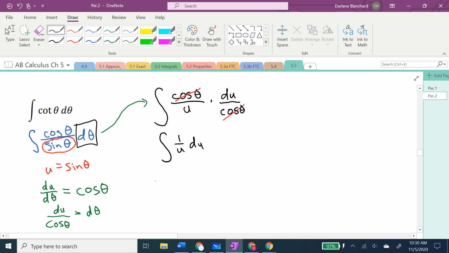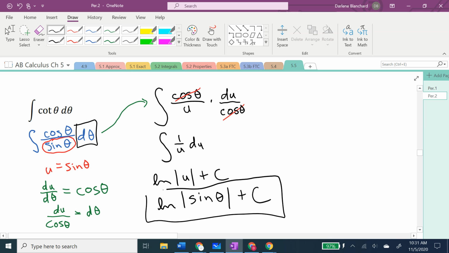So when I integrate, I get the natural log of the absolute value of u plus c. U is sine x, or sine theta in this situation. And you have a formula. Textbooks like these formulas to come up as positive natural log of something.